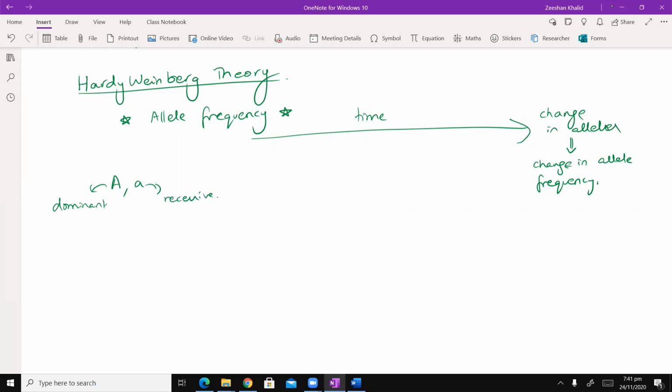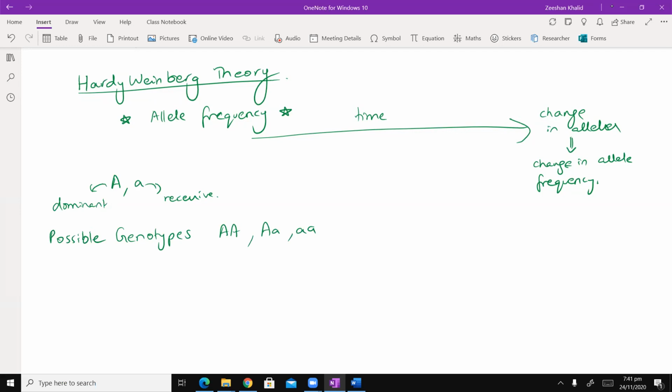You can suppose any; I'm not necessarily taking a name. Now, if we are considering these two alleles, what will be the possible genotypes? We will have three possible genotypes: homozygous dominant, heterozygous, and homozygous recessive.